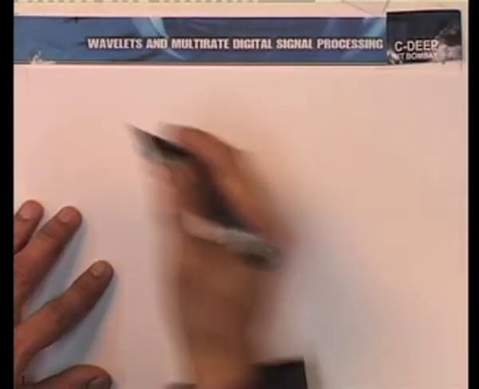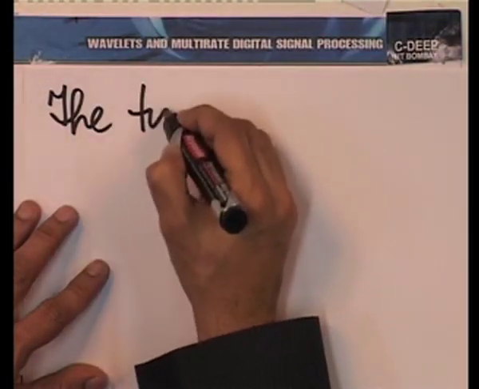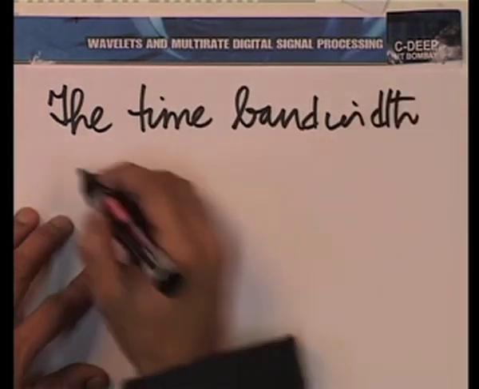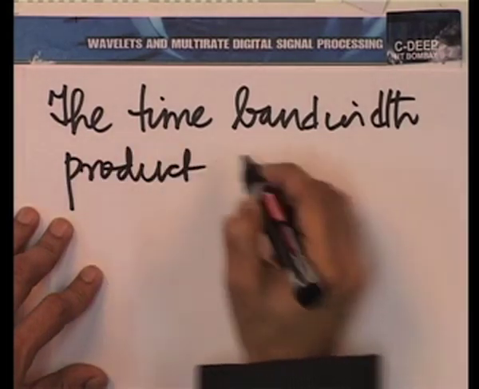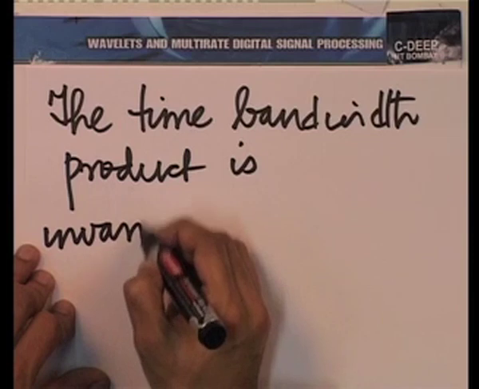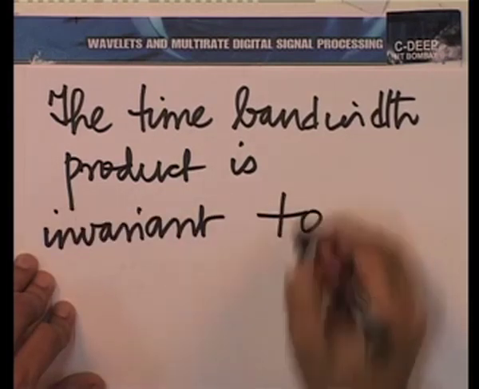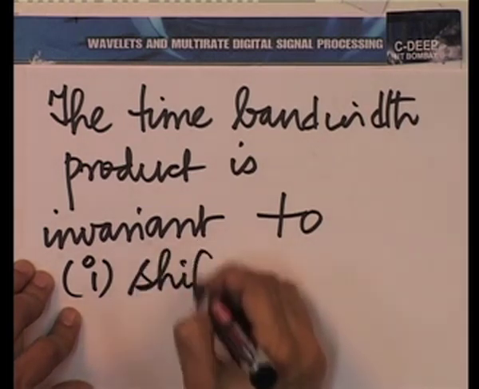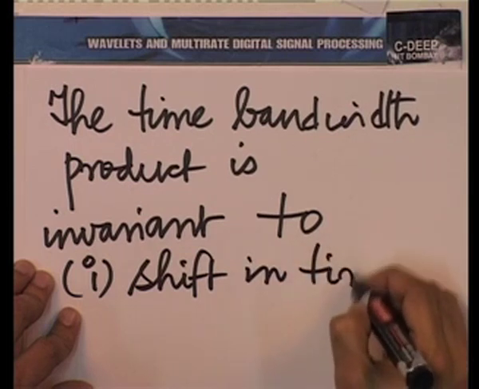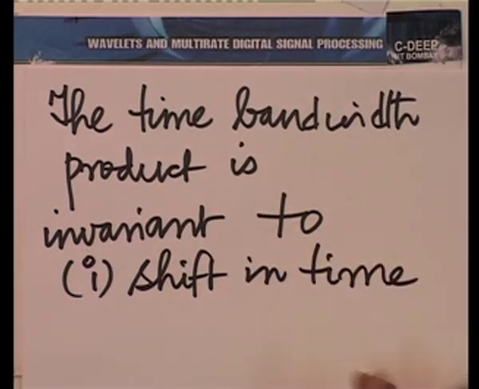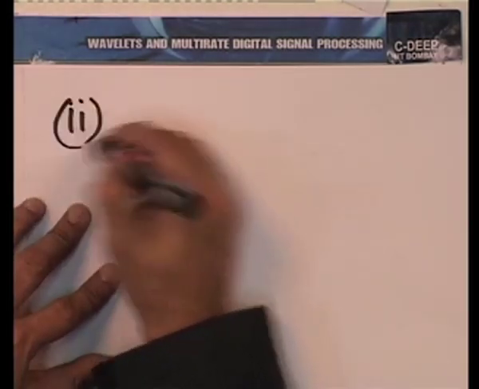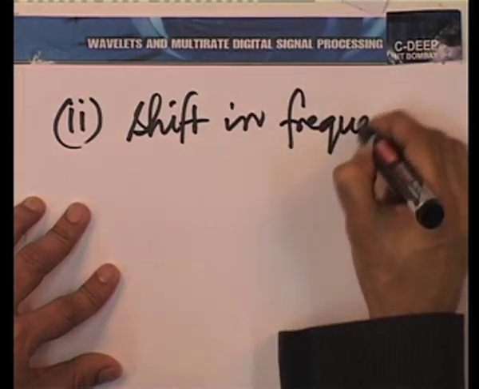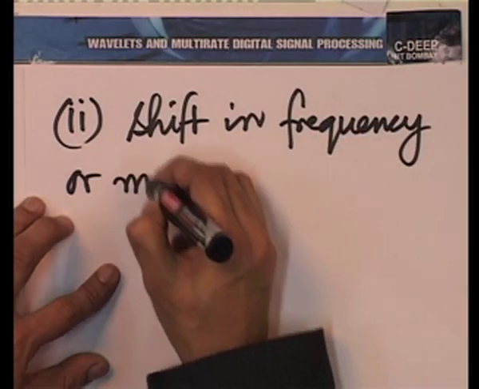The time bandwidth product is invariant to number 1, shift in time. Number 2, shift in frequency, or modulation in time.